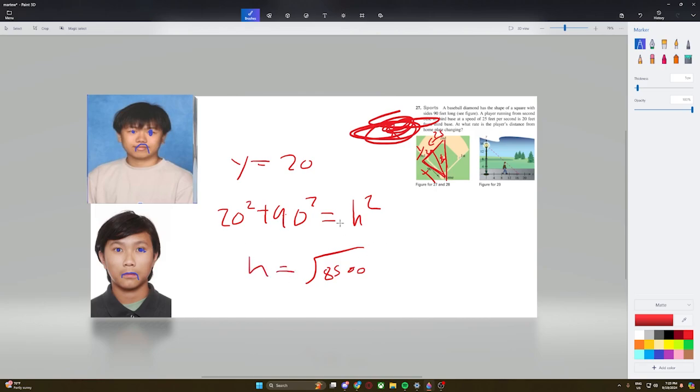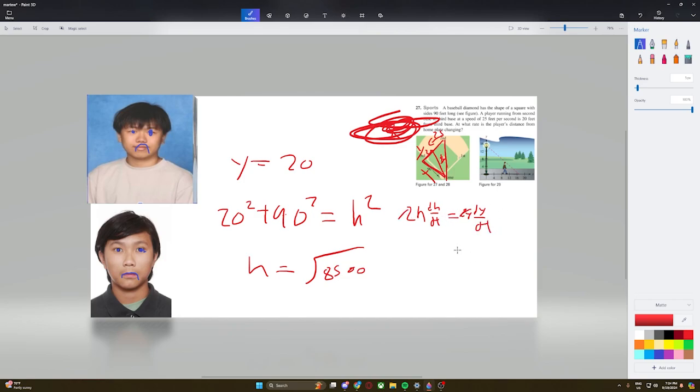Okay, so just get the derivative. The only thing that's changing is the hypotenuse and the person running from second to third. The only thing not changing is third to home base, which always stays at 90 feet. So we write 2h dh/dt equals 2y dy/dt. You cancel the 2 out.